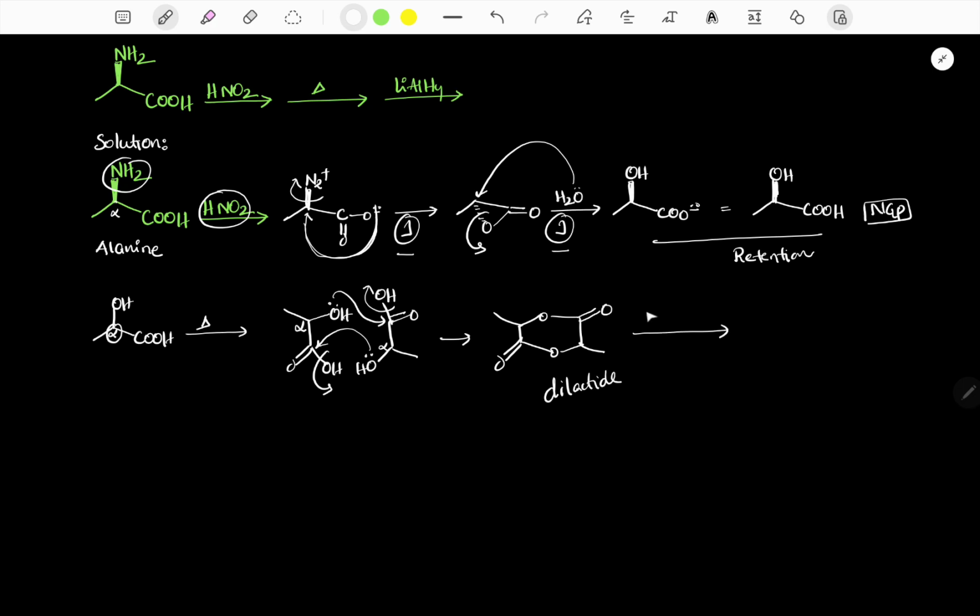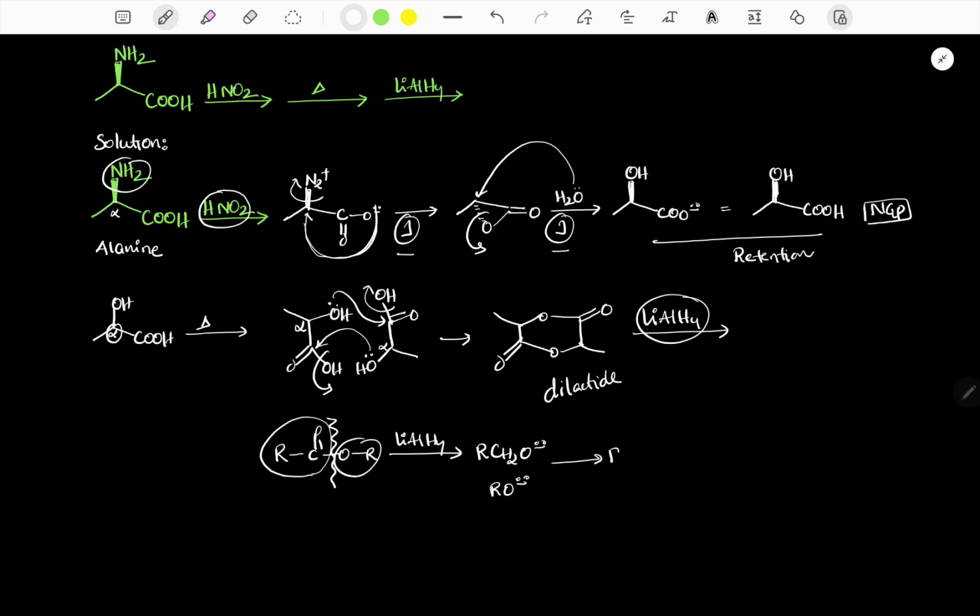Now it is treated with the strong reducing agent lithium aluminum hydride. Suppose I take a carboxylic ester like this. When it is treated with LiAlH4, this carboxylic ester undergoes reduction. It will be reduced completely, giving RCH2O minus, and the leaving group is RO minus.